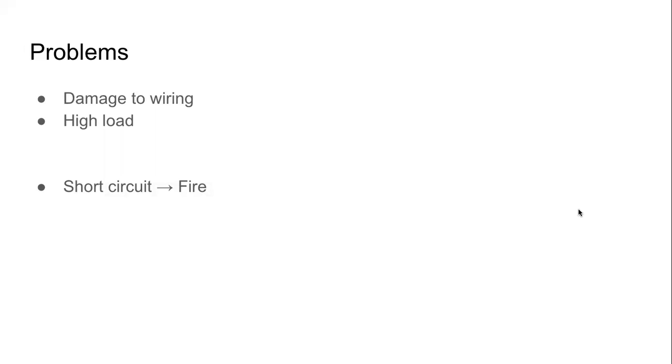Remember the words conductor, insulator. So the plastic which is outside is the insulator. The metal which is inside is the conductor. So why do we have a plastic coating around the metal wire? Safety, for our safety.